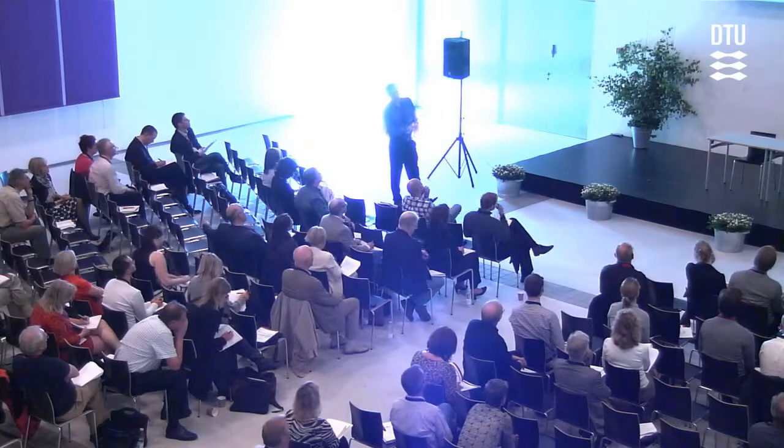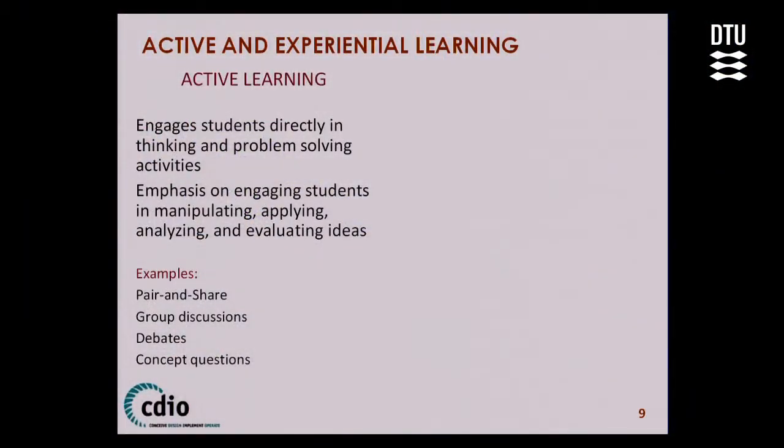Okay, so there are, I would say, two categories of learning experiences. There are active learning and there are experiential learning. Now, I'm going to mostly talk about active learning. So examples of active learning might be pairing and sharing, group discussions, debates, concept questions. I'm going to talk about some of these in more detail in a minute.